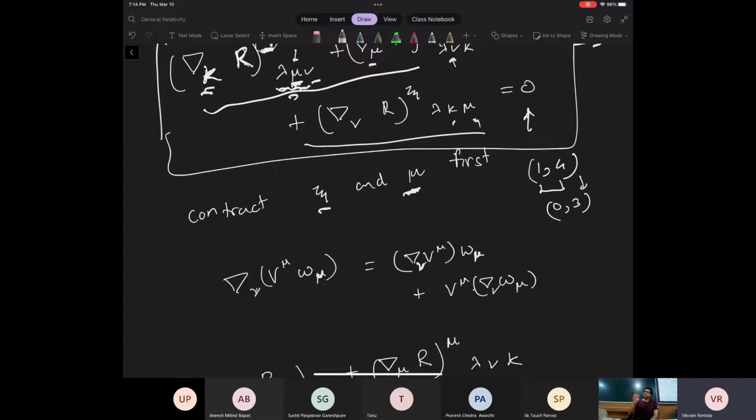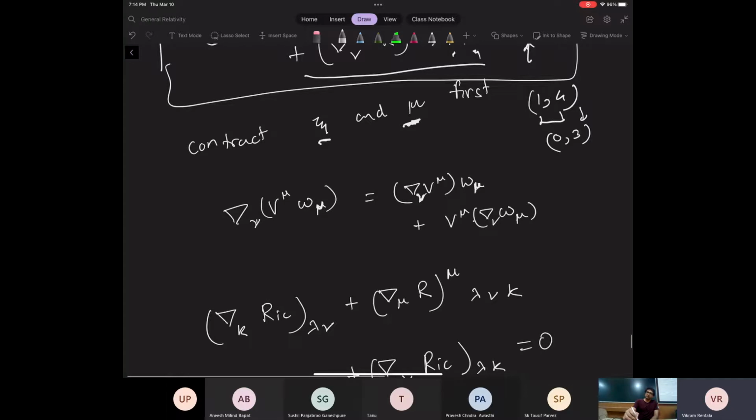So this derivative operation commutes with contractions. This is something that we showed earlier, or rather a definition that we gave to this affine connection.